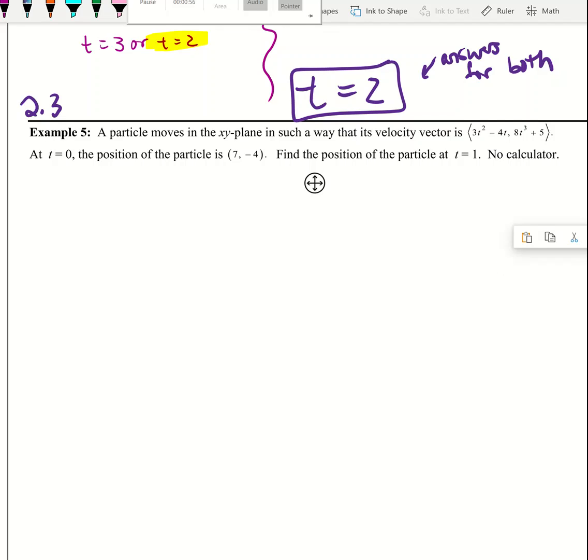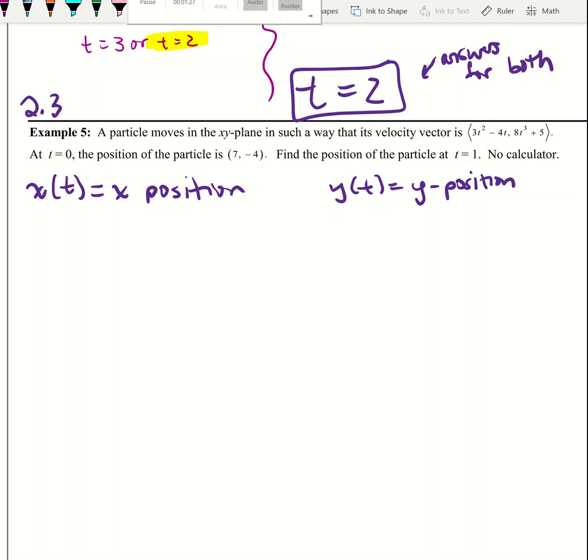So keep in mind that the velocity is the rate of change of the motion. So see if this makes sense. If you want to find the position, we'll call x of t the x position, and let's call y of t the y position.